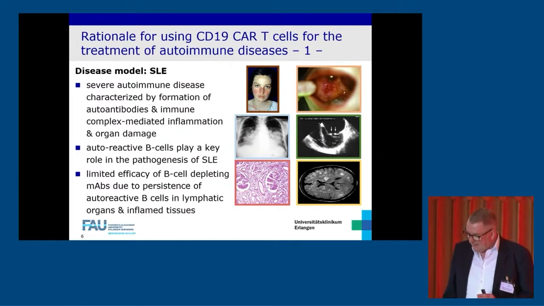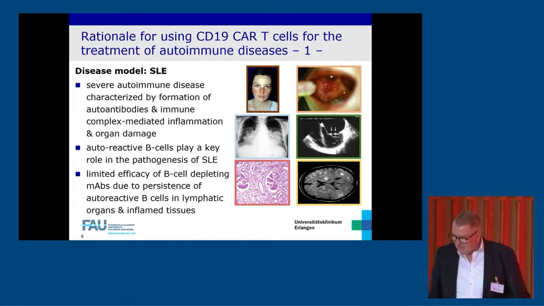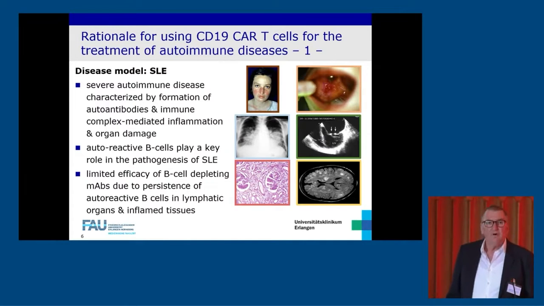While autoreactive B cells play a key role in the pathogenesis of this disease, B-cell depletion by antibodies, such as rituximab, has only limited efficacy. This paradox has been attributed to the persistence of autoreactive B cells in the organs and inflamed tissues.